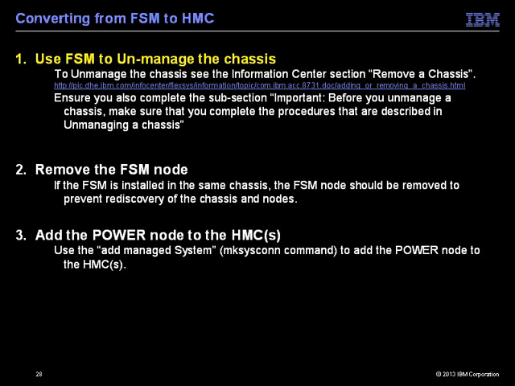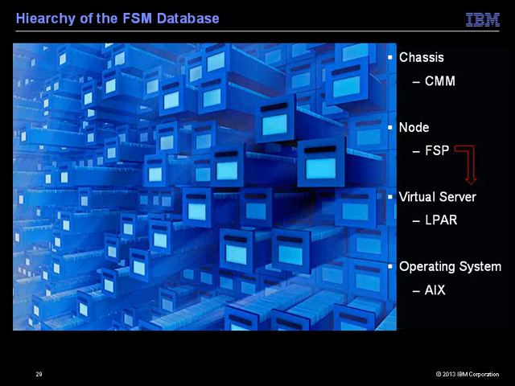So now we're ready to go ahead and unmanage the components inside the chassis: unmanage the entire chassis, the node, the LPARs, and the operating system endpoints. I was trying to come up with a good chart to show what we're actually doing here. You may feel like you're taking unnecessary steps to clean up the FSM.